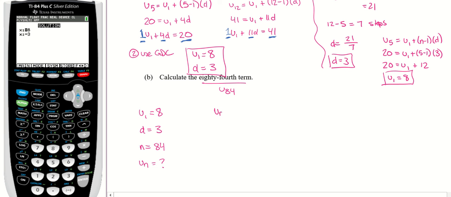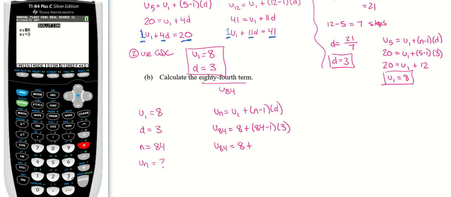So UN equals U1 plus N minus 1 times D. U84 is what I'm going for here. U1 is 8, N is 84, and D is 3. And then what I get there is 8 plus 83 times 3.